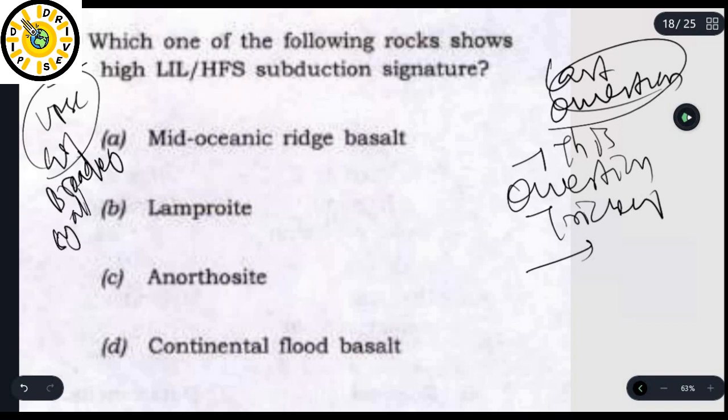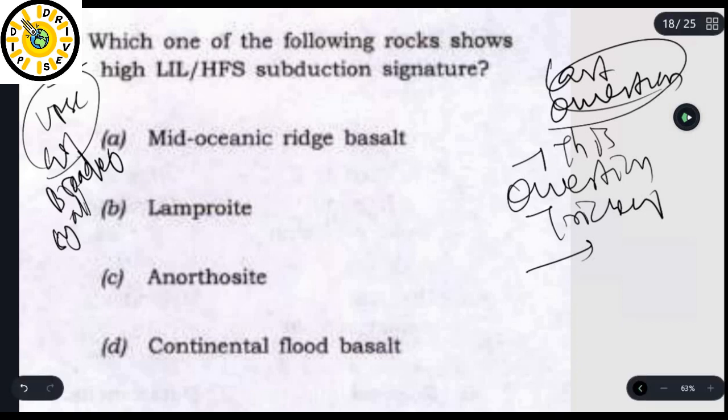So it is the correlation between geochemistry and geochemical interpretation, and from the tectonics, how the different types of tectonic settings are, and their geochemical interpretation. In different tectonic settings, what elements we will get, and what their signature is, and those types of interpretation are based on these questions.